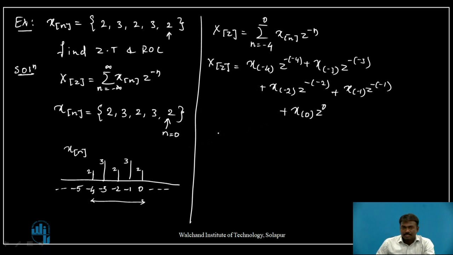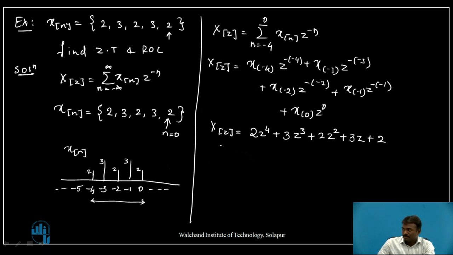By substituting all these values from the graph we can say that x(minus 4) is equal to 2, x(minus 3) is equal to 3, x(minus 2) is equal to 2, x(minus 1) is equal to 3, and x(0) is equal to 2. By substituting these values in X(z), we can say that X(z) is equal to 2z to the power 4 plus 3z to the power 3 plus 2z to the power 2 plus 3z plus 2.